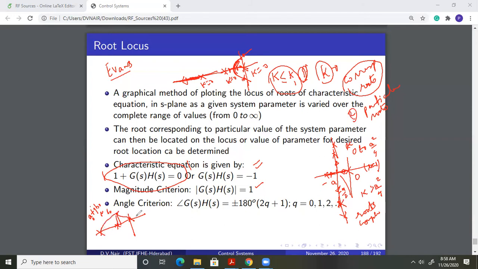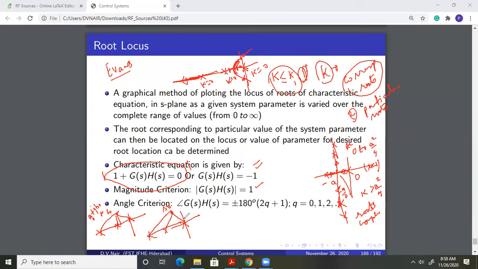So I will be connecting, let me draw it again, it has not come out nicely. So let us say this was the case, right? I considered, and somewhere here is the point S naught, right? So I will be connecting this point S naught to each of the open loop poles and zeros, right?